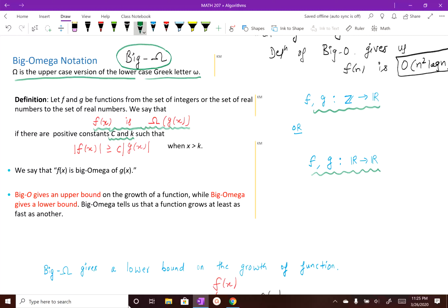So we write that f(x) is Ω(g(x)), or we can also say that f(x) belongs to Ω(g(x)), because Ω(g(x)) is the set which contains all those functions which satisfy this inequality.